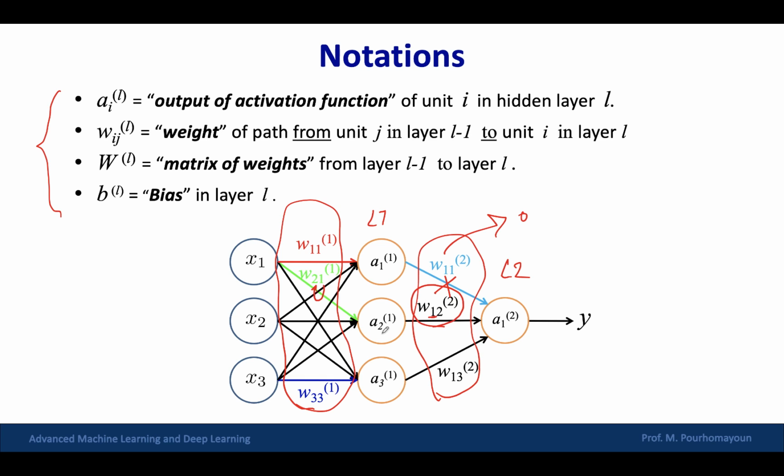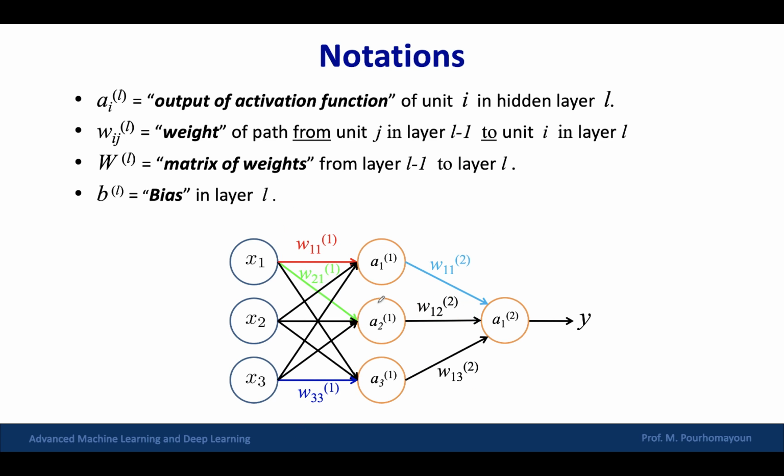Remember that the process of training means learning these weights from data, and I'm going to show you how we can do that later. W superscript l, as you see, is a capital W. It means that it represents a matrix, the matrix of all weights from layer l-1 to layer l.